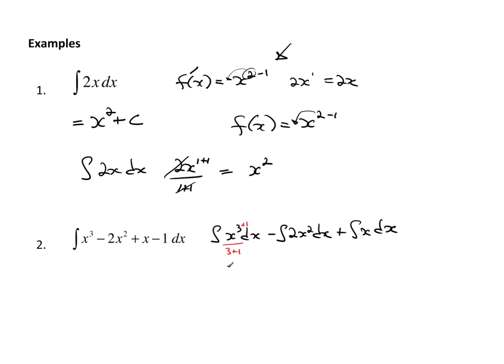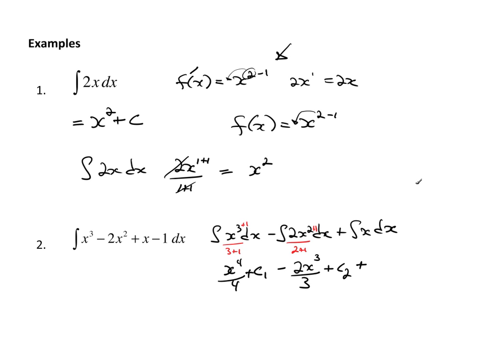So that's going to give me x to the 4th over 4 plus c, but I have a bunch of these, so I need to call it c1, minus, here I'm going to do the same thing, 2x squared, so I'm going to add 1 and divide by 2 plus 1. So that's going to give me 2x cubed over 3 plus c2.